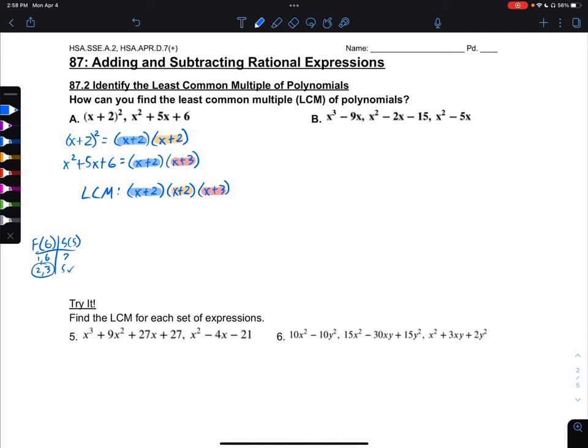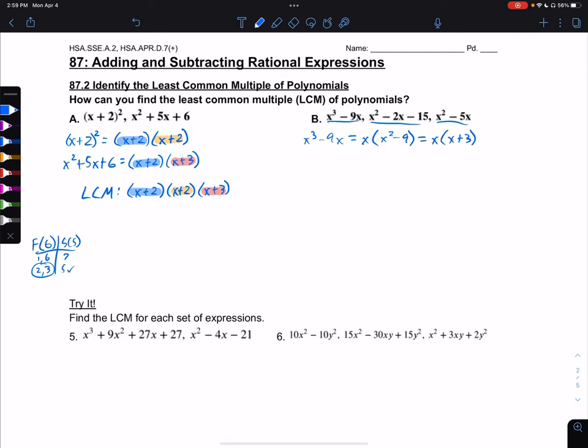Part B, we have 3 polynomials. All right, so 3 expressions here. So again, we're going to start by factoring them. x cubed minus 9x. I'm going to factor out an x, they have a common factor. I'm left with x squared minus 9, which you should recognize as the difference of 2 squares.